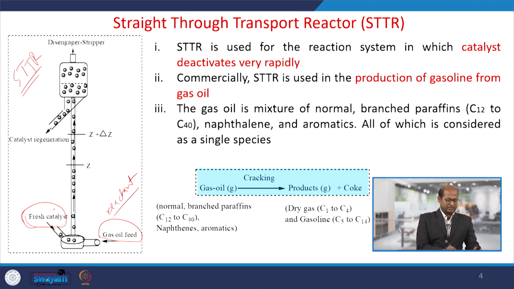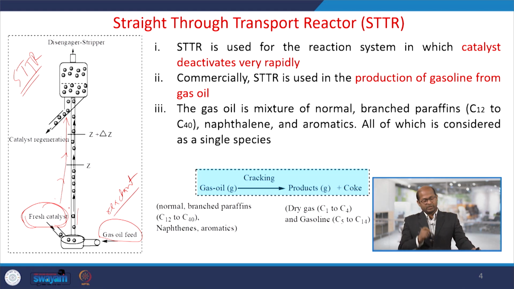Both would be fed from the bottom and passed through this tube from bottom to top, gradually moving. Here we maintain the temperature, and the reactions will take place within this tube.